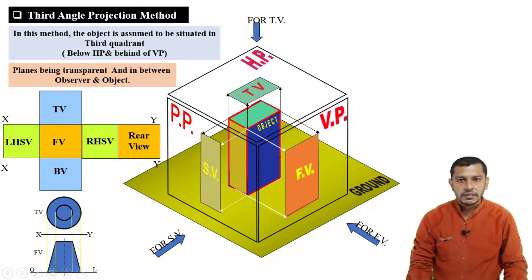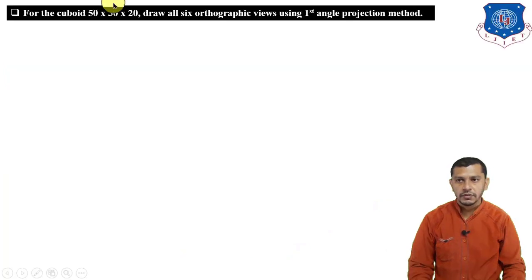Now let us discuss how to draw different views of the given object by using the particular methods of orthographic projections. So here we have taken one question. For the cuboid 50 into 30 into 20, draw all 6 orthographic views using the first angle projection method.